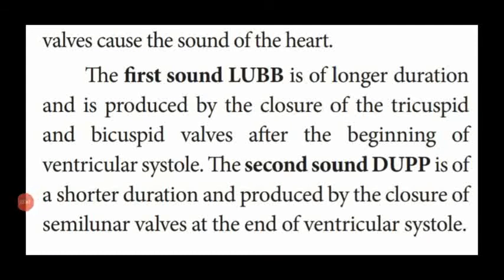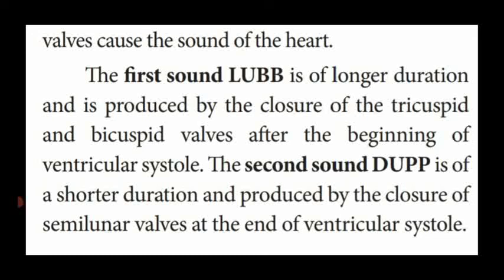Dear students, up to this we have seen different mechanisms of the heart: heartbeat, myogenic heartbeat and neurogenic heartbeat, initiation and conduction of heartbeat, and the bundle of His, that is the atrioventricular bundle, discovered by the scientist named His. This bundle is known as the bundle of His.